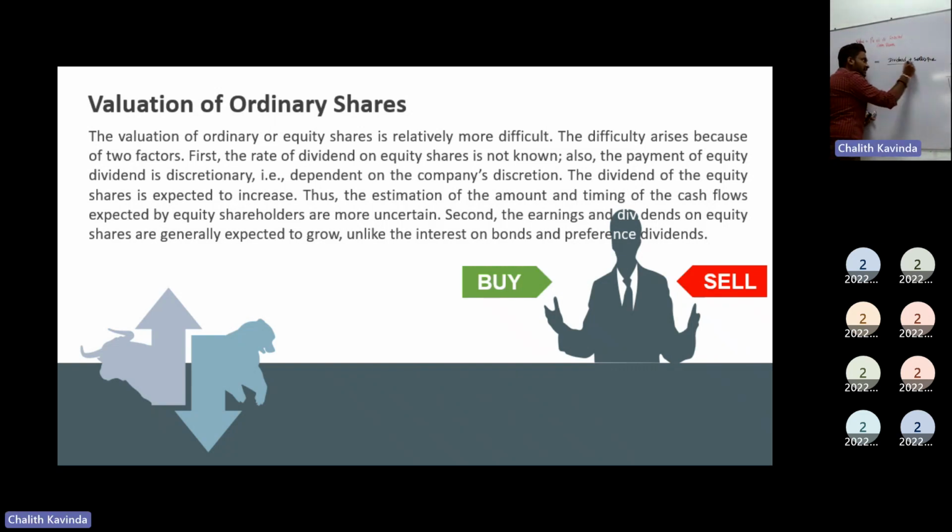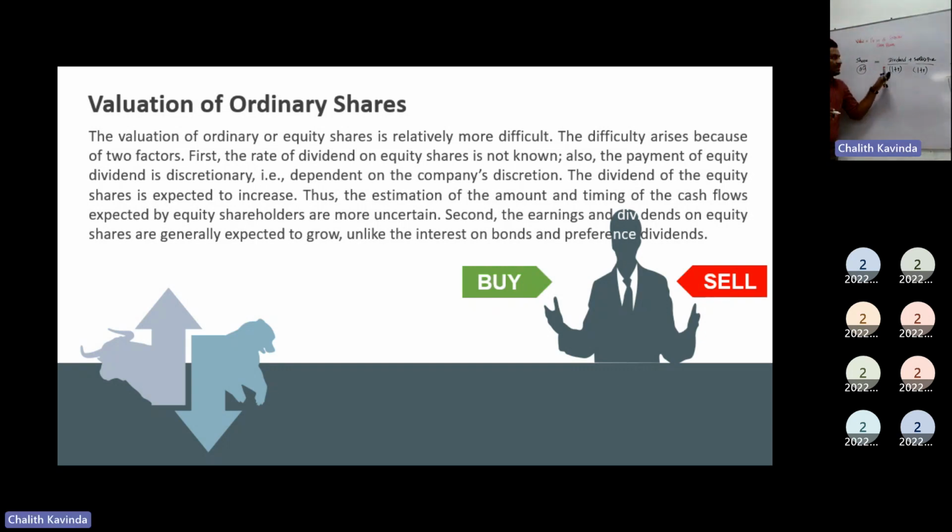Simply, future cash flows are discounted by the appropriate discount rate or cost of capital. I'll make it as R for the moment. So dividend will be discounted based on the appropriate discount rate, and the selling price will also be discounted based on the appropriate discount rate.